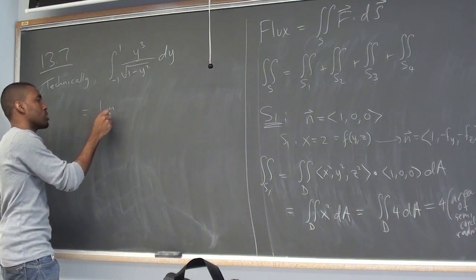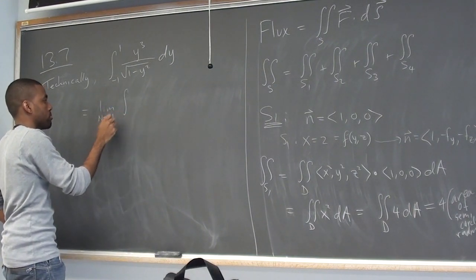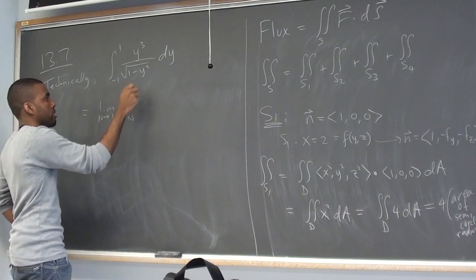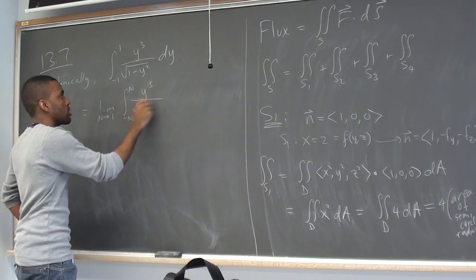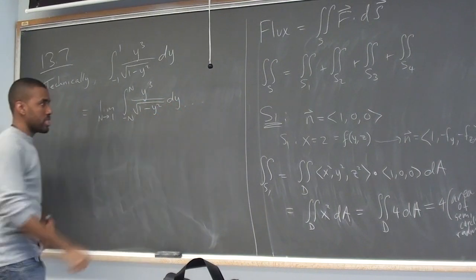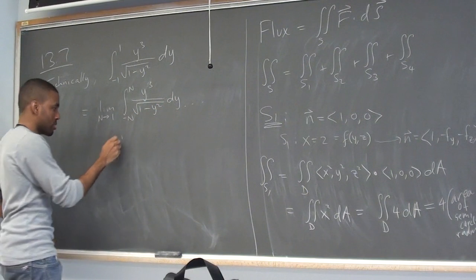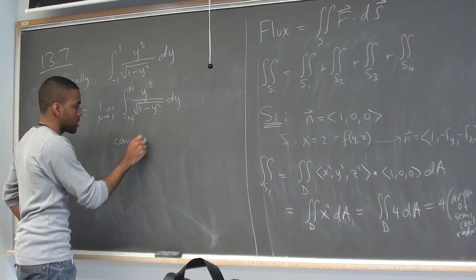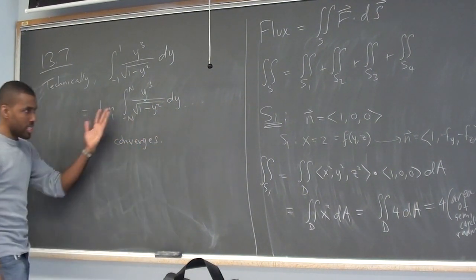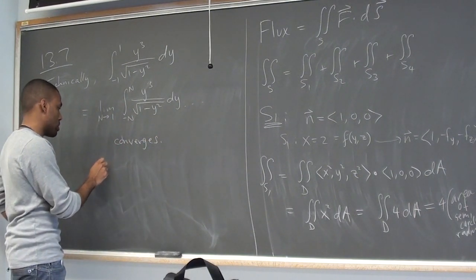So like n goes to 1 of the integral from minus n up to n of y cubed over 1 minus y squared dy, or something like that. But basically it's an odd function on a balanced interval, so the limits are going to work out, right? Just trust me, it converges. If you want to actually go through the whole process, you'll see it converges. And do you need to prove that it converges though?